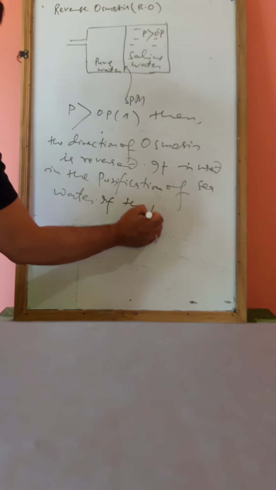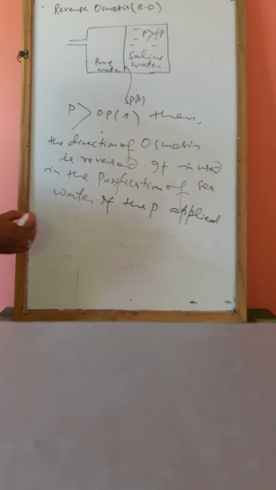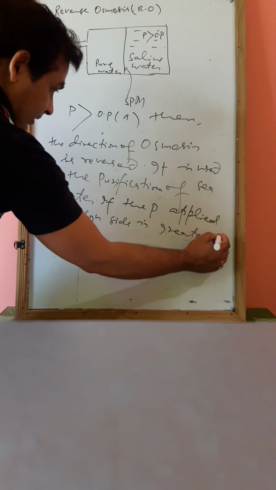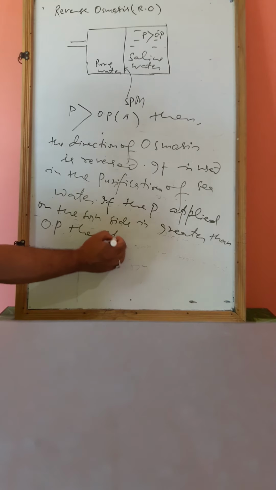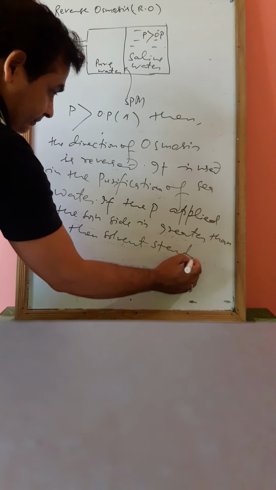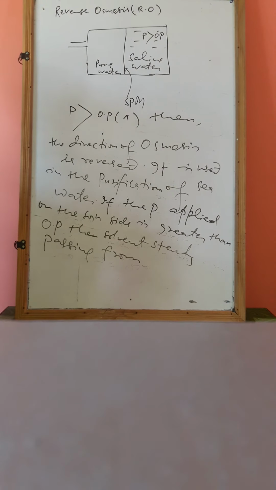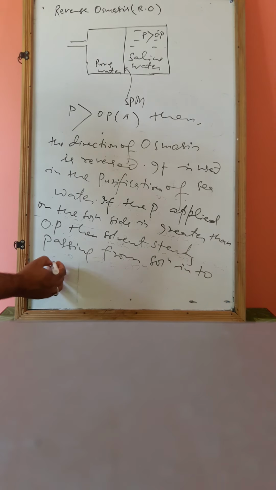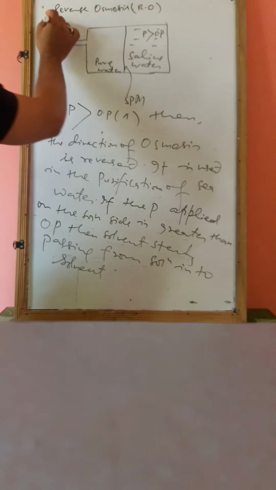If the pressure applied on the solution side is greater than osmotic pressure, then solvent starts passing from solution to solvent side. It is called reverse osmosis.